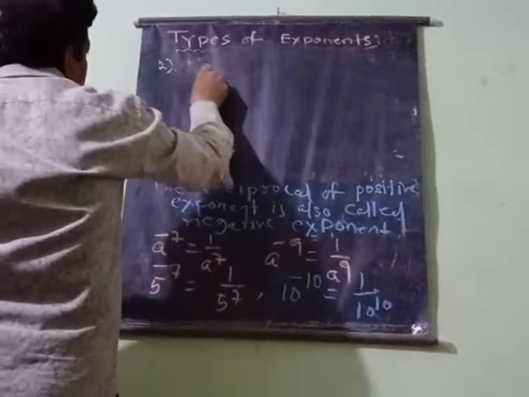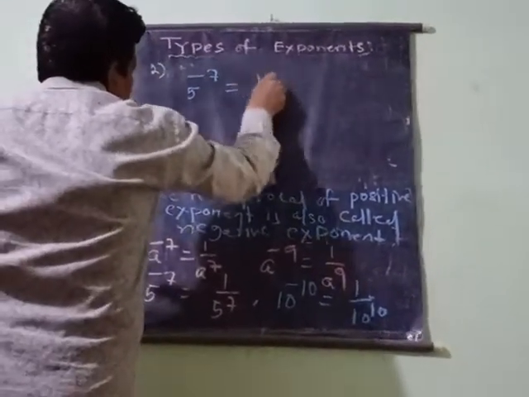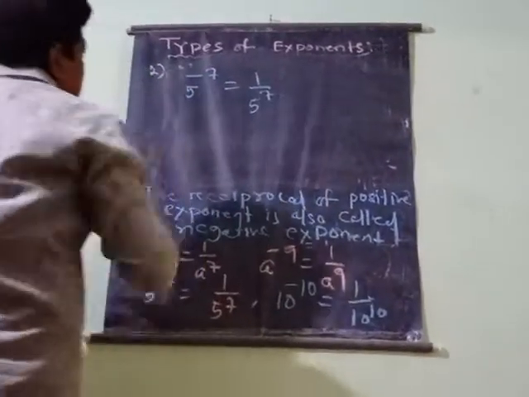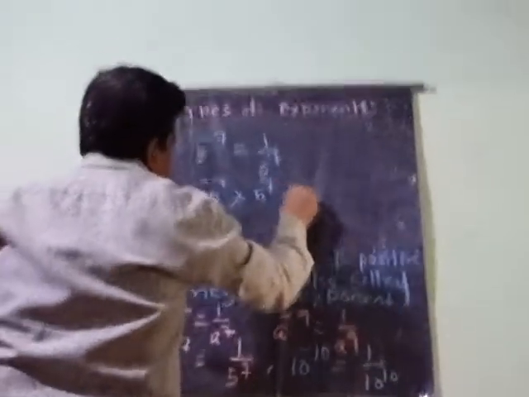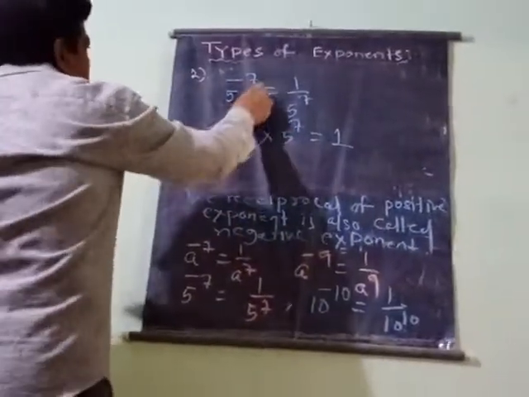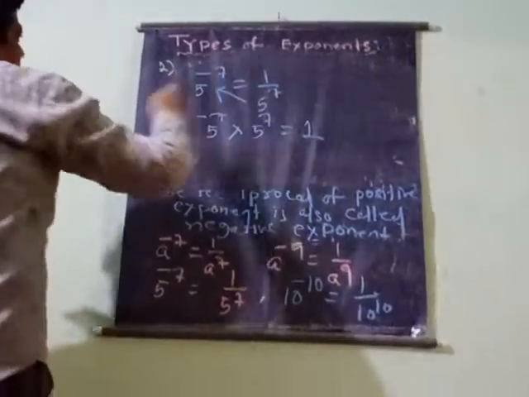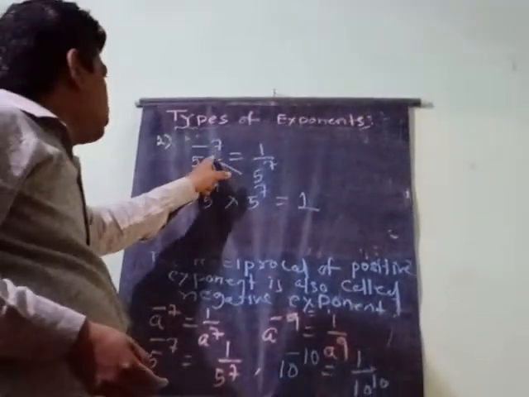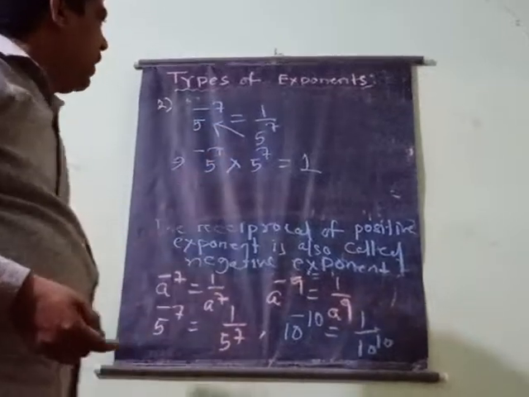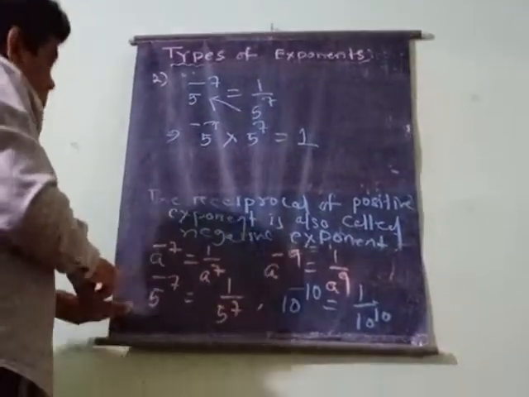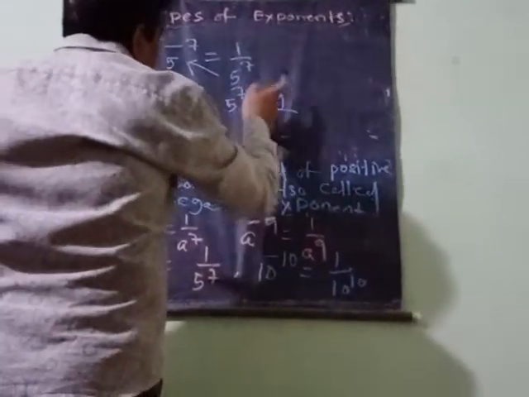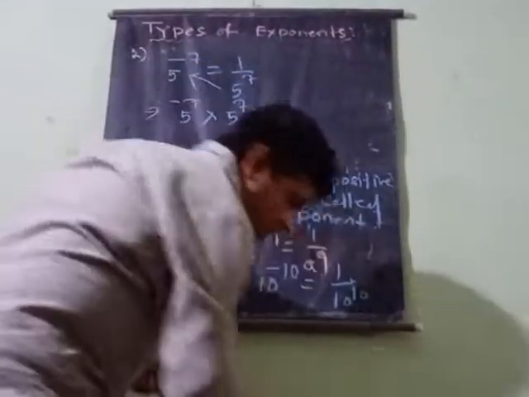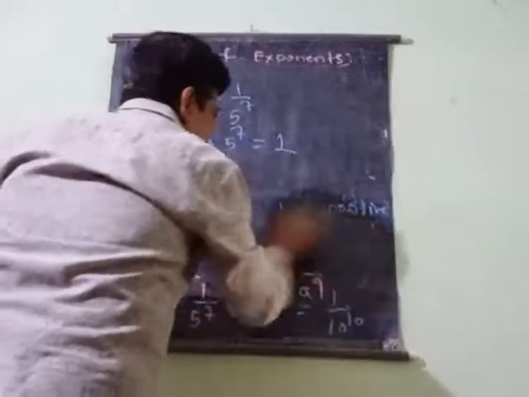You see, 5 to the power minus 7 is equal to 1 upon 5 to the power 7. It means 5 to the power minus 7 into 5 to the power 7 is equal to 1. If you transpose, then this 5 to the power 7 will come to the numerator. It will be multiplied, according to the rule of transposition. Hence, 5 to the power minus 7 times 5 to the power 7 is always 1. From this also it is clear.